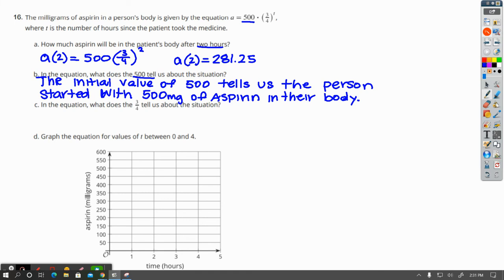In the equation, what does the 3/4 tell you? 3/4 we know is our growth factor based on where it is. So the growth factor of 3/4 tells us that the patient is losing 1/4 of the aspirin every hour, or that 3/4 of the aspirin remains every hour.